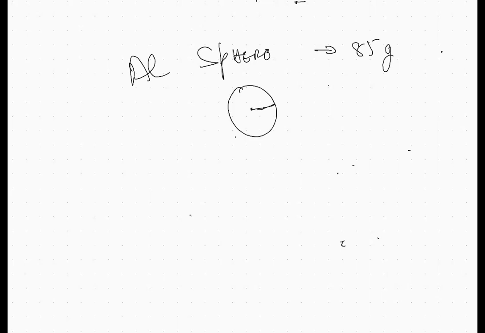They're asking what is the density. So they have given us the formula. The volume of a sphere is given by 4 by 3 pi r cube.